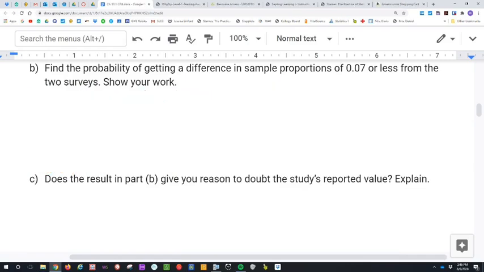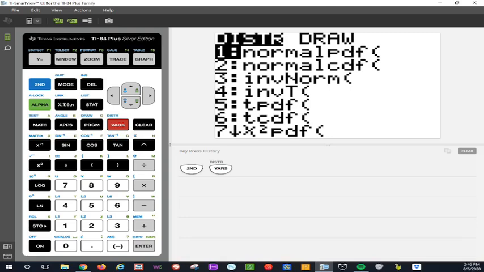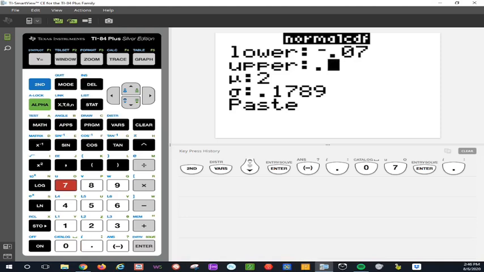Okay, so on the calculator, second VARS, normal CDF. The lower is negative, so we need to put the negative sign, not the minus sign, negative 0.07. Upper is positive 0.07.